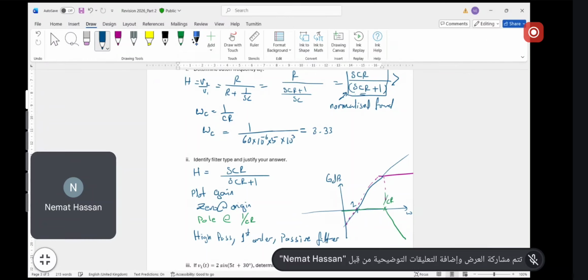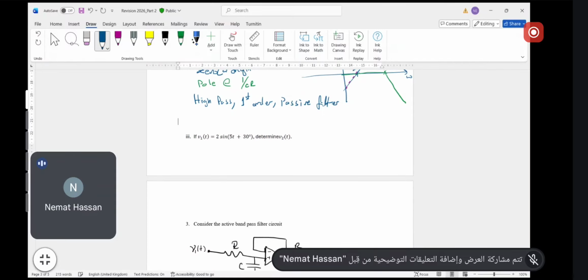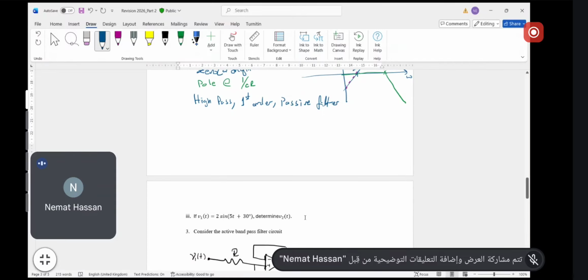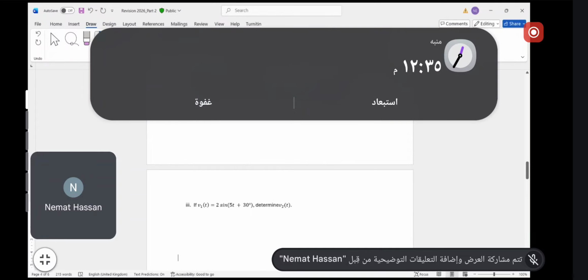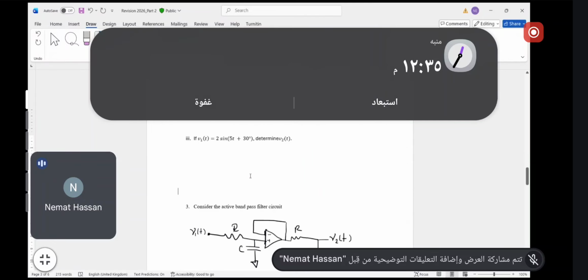Clear? Okay. Now, finally, the last step, which is very similar to what we did before. If you have this input, what would be the output? We'll start with the gain, H is equal to SCR divided by SCR plus 1.